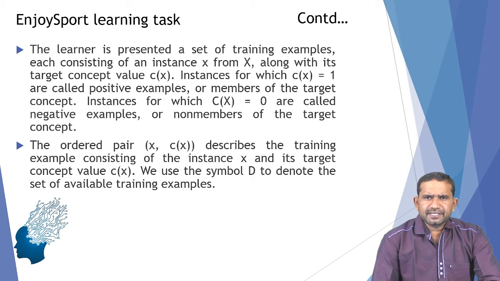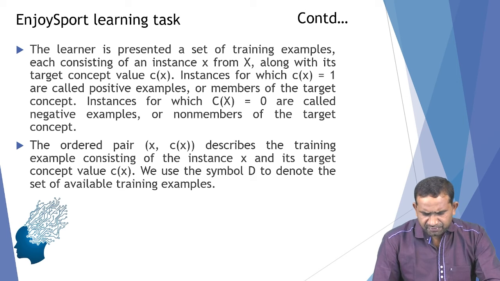So c of x is equal to 1 means positive examples or members of the target concept, and c of x is equal to 0 means negative examples or non-members of the target concept.